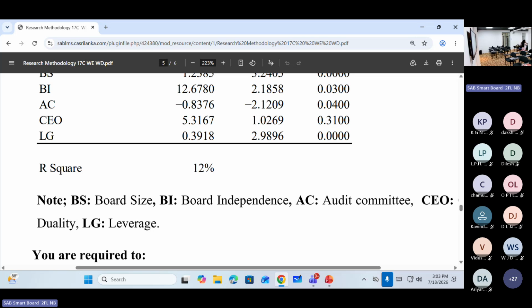Statistically invalid. Not insignificant, invalid. Not valid. That entire one, that is okay.